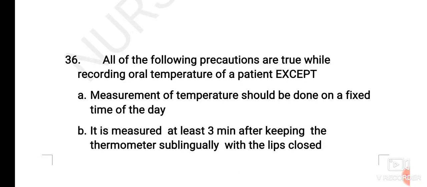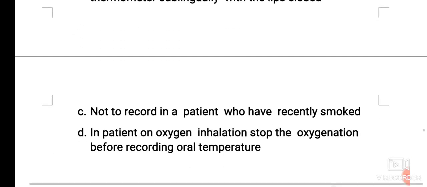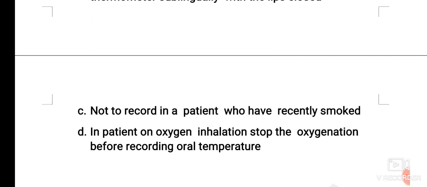Next question. All of the following precautions are true while recording oral temperature of a patient except: measurement of temperature should be done at a fixed time of the day; it is measured at least 3 minutes after keeping the thermometer sublingually with the lips closed; not to record in a patient who has recently smoked; in a patient on oxygen inhalation, stop the oxygenation before recording oral temperature.